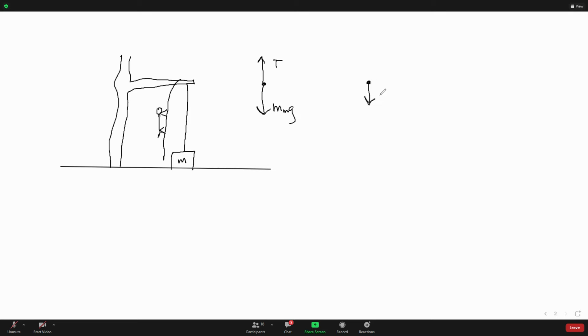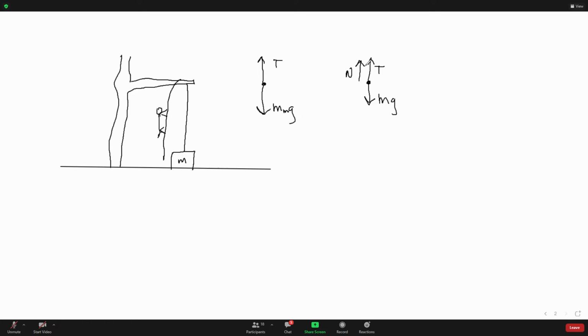Well, this is going to be mg, and pulling up is going to be the tension in the rope, and also pulling up is going to be the normal force of the ground.